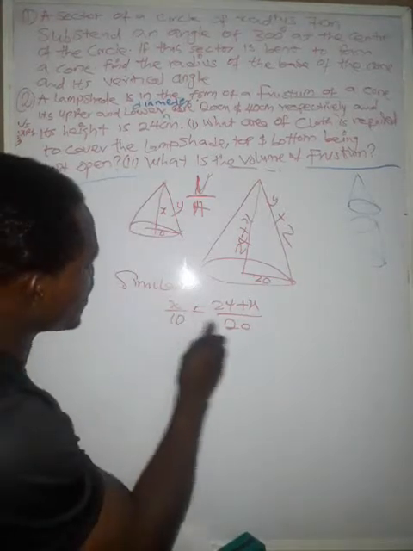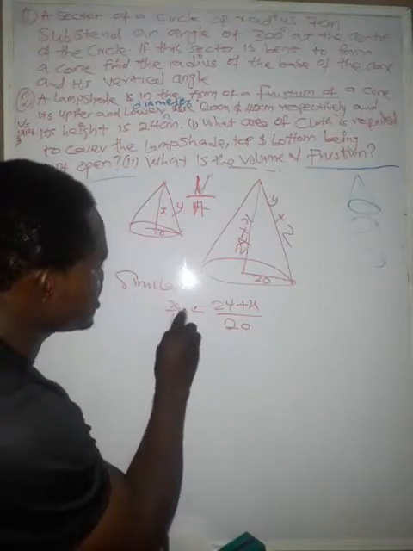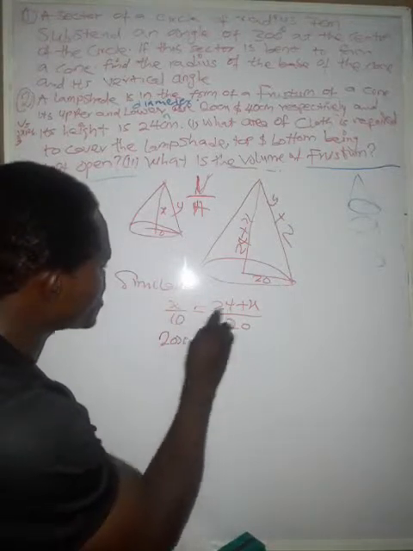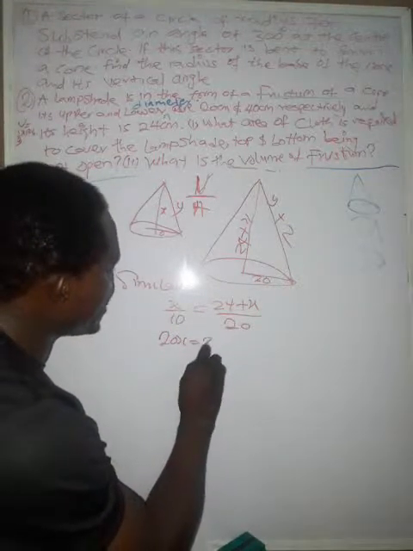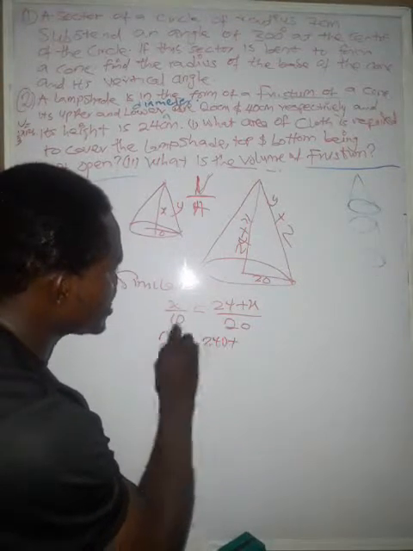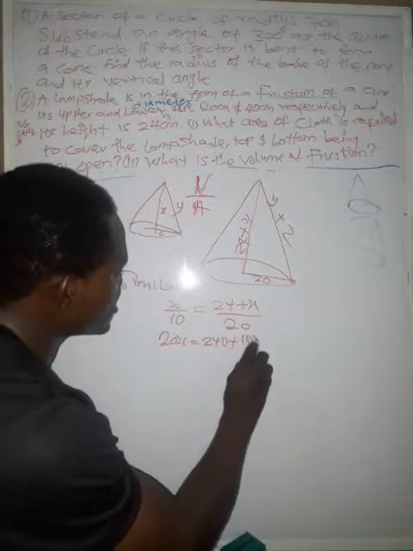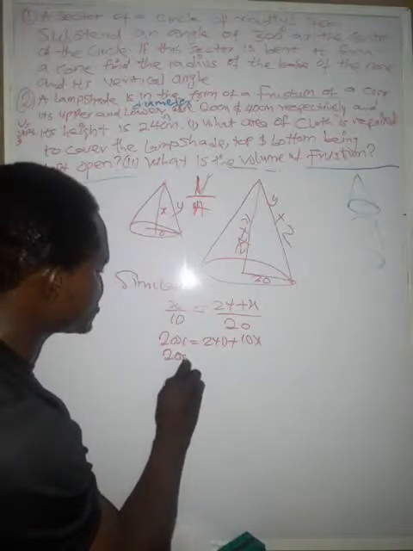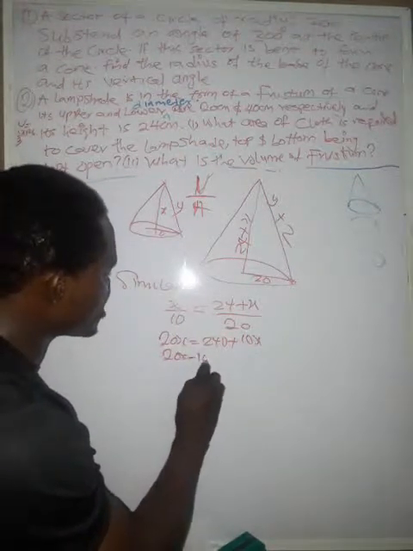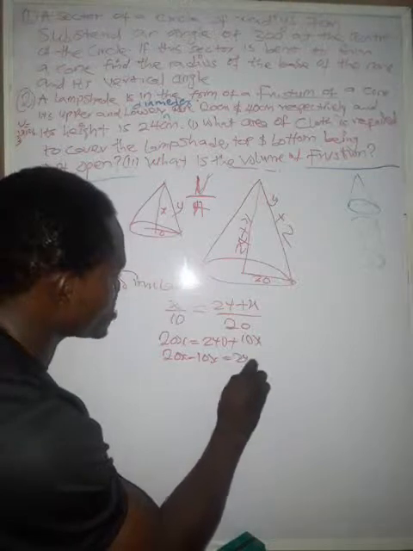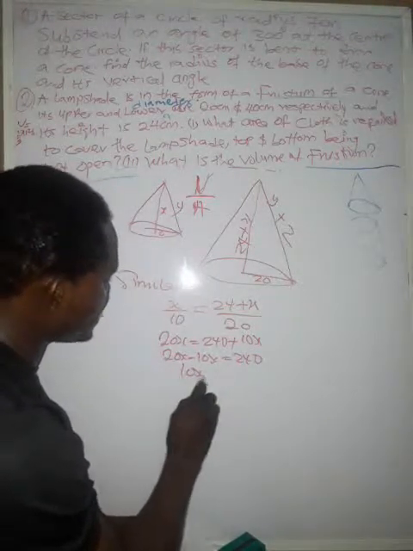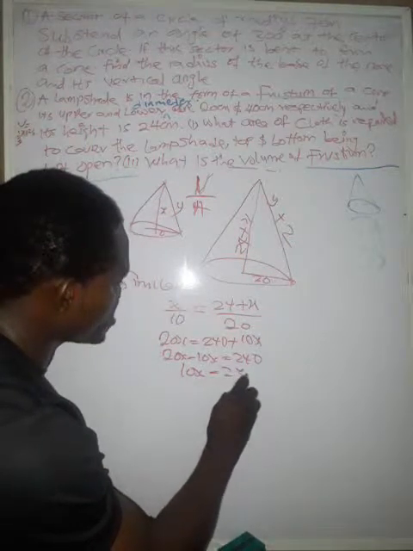If I cross multiply, I have 20X equals 10 times 24, that is 240, plus 10 times X, that is 10X. By the time I collect terms, I have 20X minus 10X equals 240. Then I have 10X, that is 20 minus 10, equals 240.